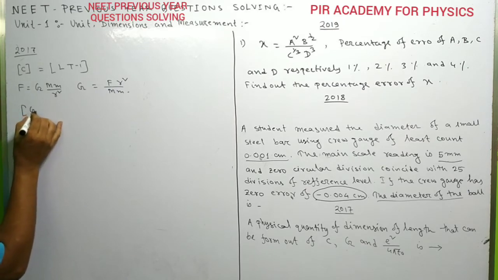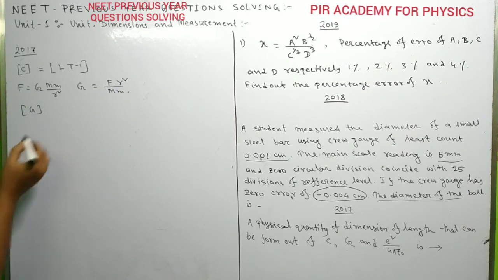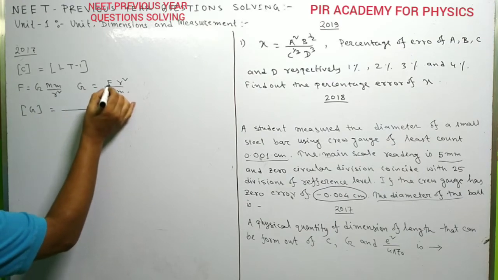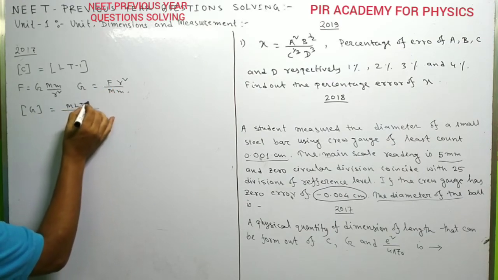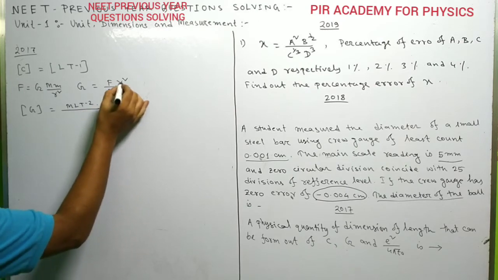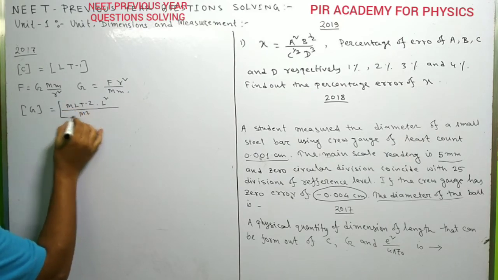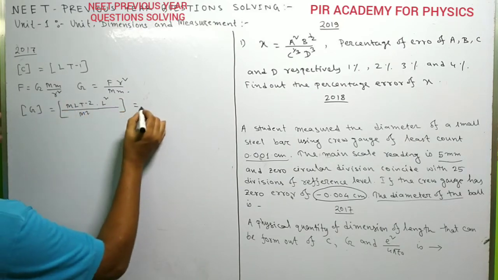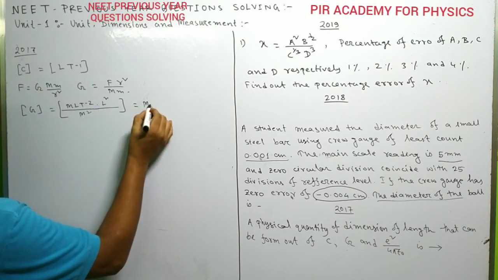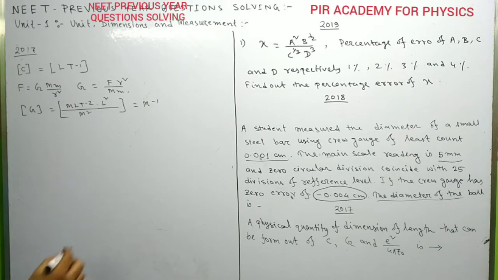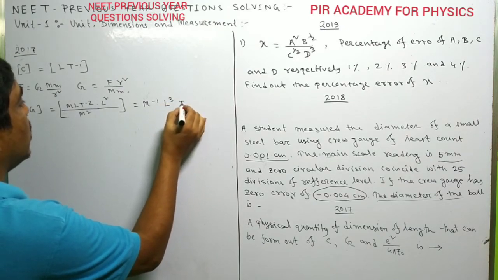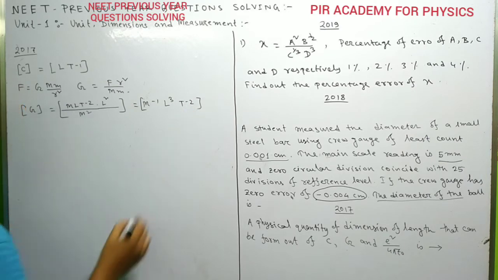So the dimension of G can be written as the dimension of F, that means M L T to the power minus 2, and the dimension of r squared, that means length squared, divided by m squared. So it will be M to the power minus 1, and L to the power 3 and T to the power minus 2. So the dimension of G is M to the power minus 1 L cubed T to the power minus 2.